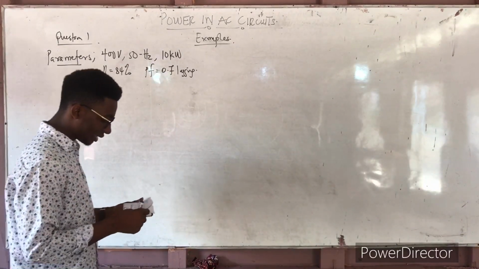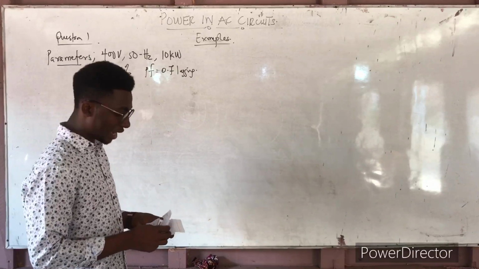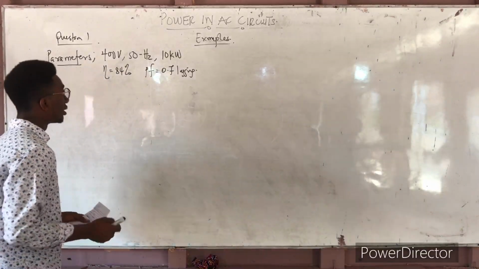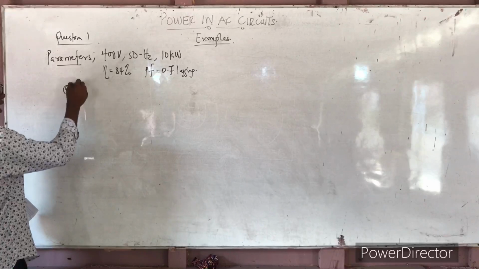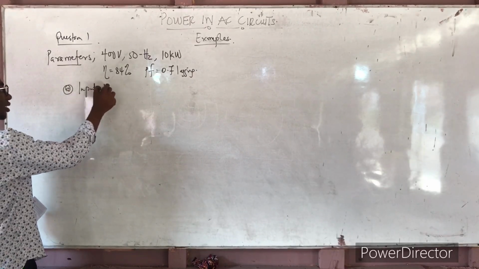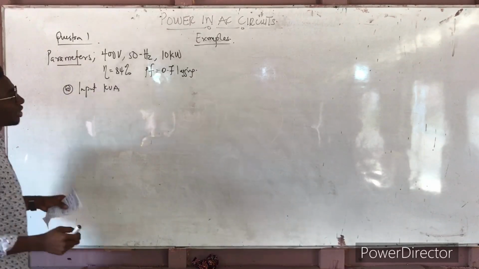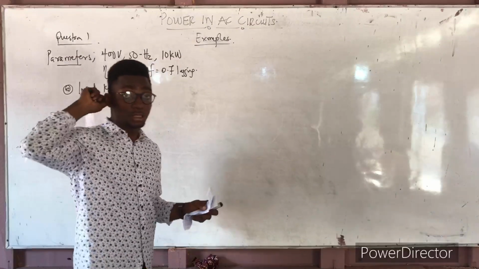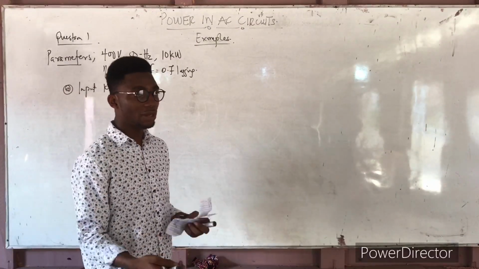Now the question is asking us to find A, the input kVA. Remember that when we talked about power in the AC circuit, I drew what we call the power triangle.